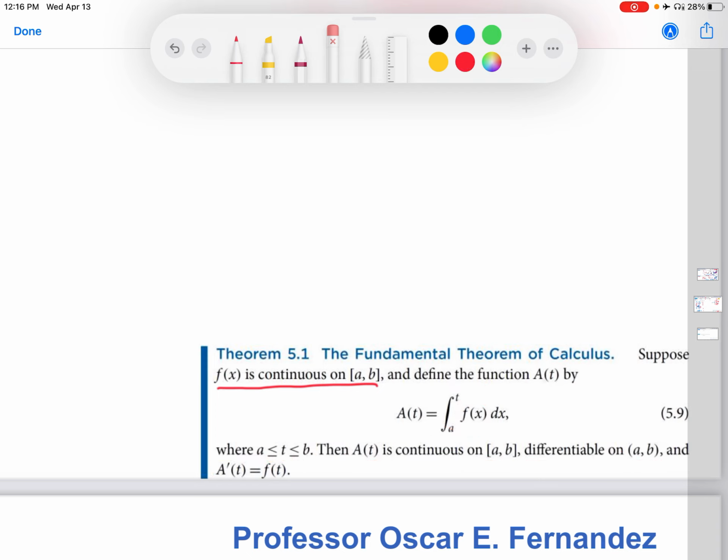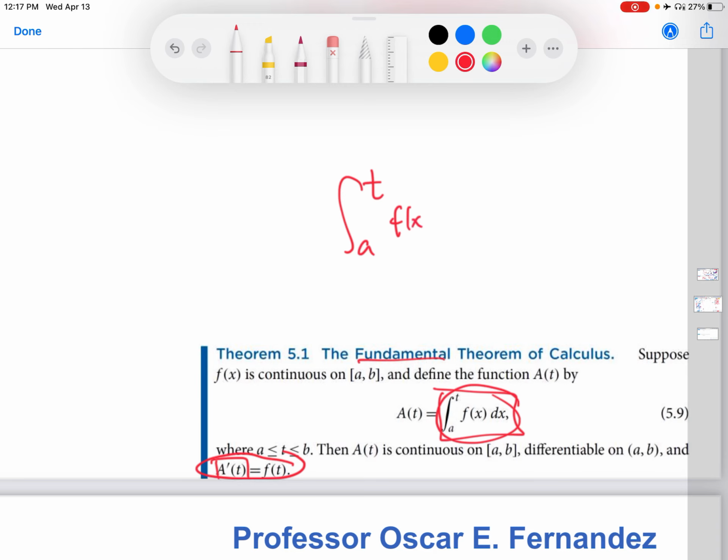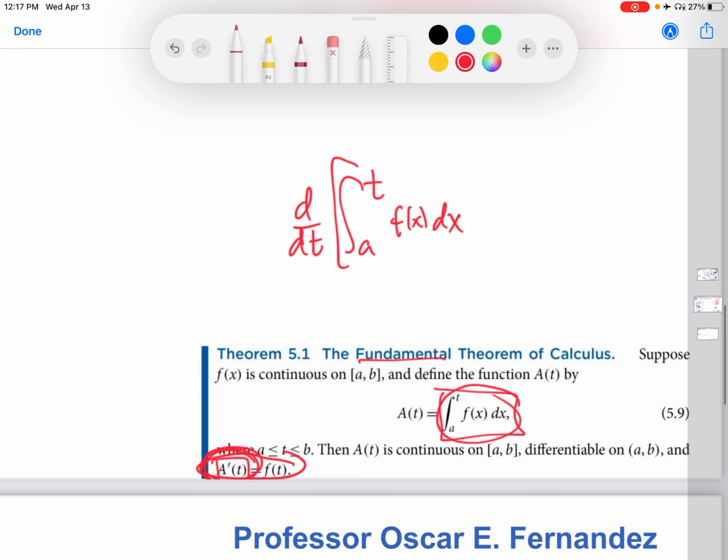So this is one of the reasons why this is the fundamental theorem of calculus. Integration is one of the pillars of calculus, along with differentiation and limits. And differentiation here is one of the other pillars. And this theorem connects both of them. It says if you look at this statement, since A of t is this, it says that the derivative of A of t, d by dt of this, equals the function that is inside here, the integrand.